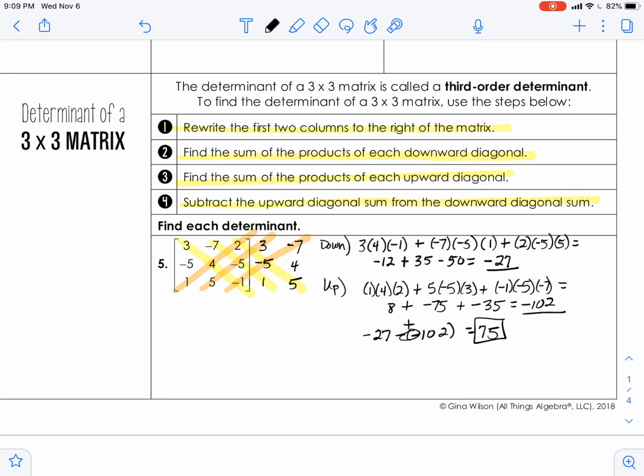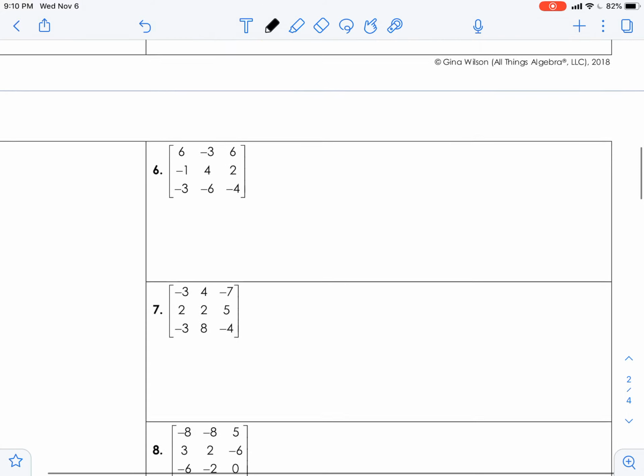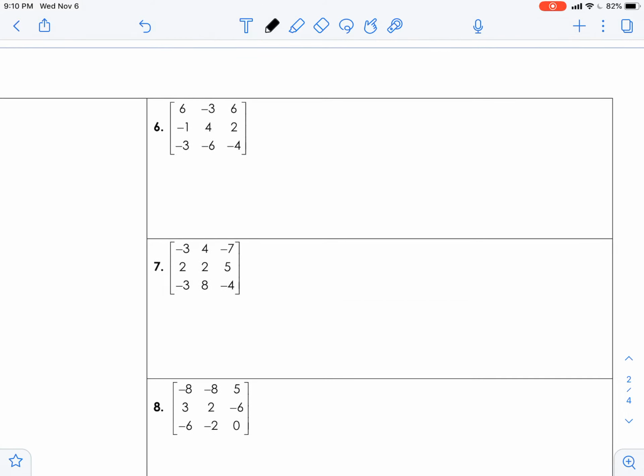Okay, again, it's not hard. It is just a little bit on the tedious side. So let's try another one. So first, rewrite. And again, the key here is making sure you watch your signs, don't drop anything off. Okay, my first one is I am going to do my downward.